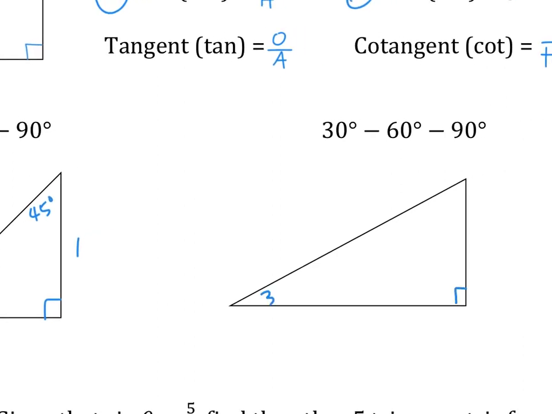The smallest angle is 30, the middle one is 60, and the 90 is the right angle. From geometry, we learned that opposite of the smallest angle is the smallest side, so let's say this is 1, and opposite of the biggest angle is the biggest side, so that's 2. Do you remember what the third side is? Root 3, yes. So it's 1, 2, root 3.